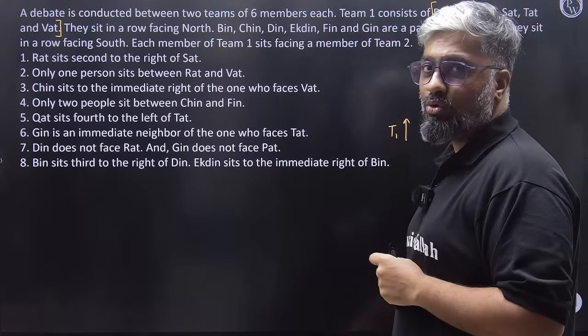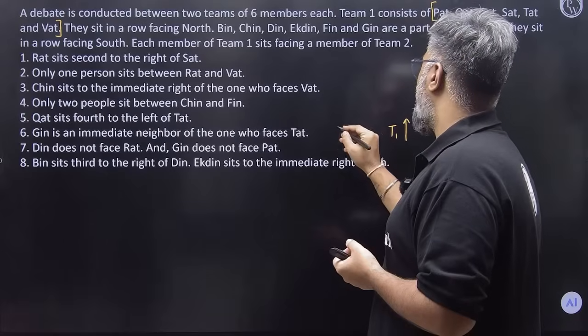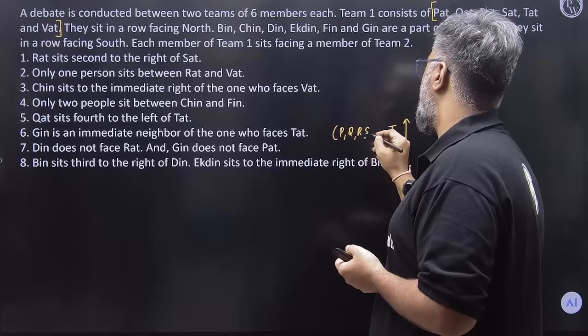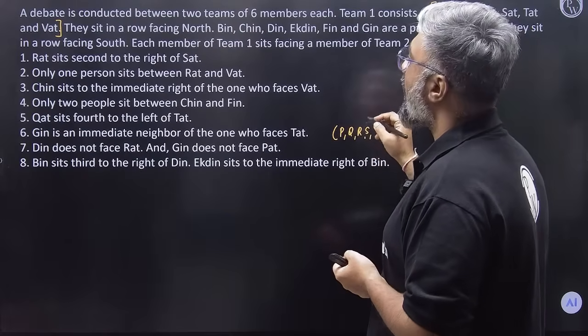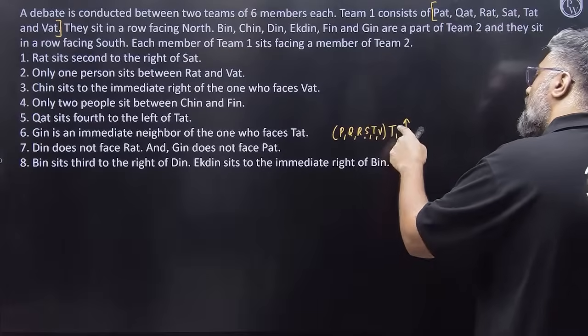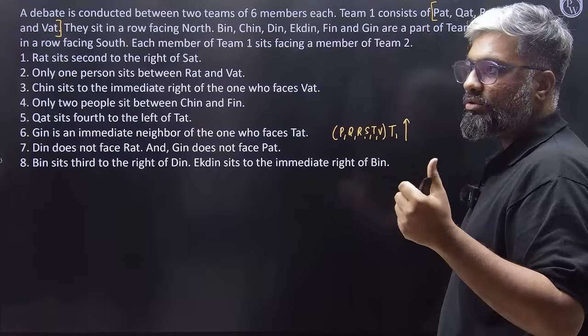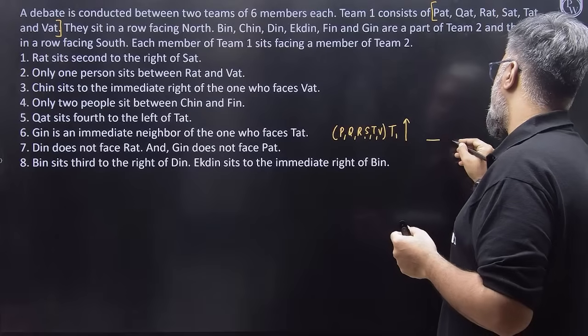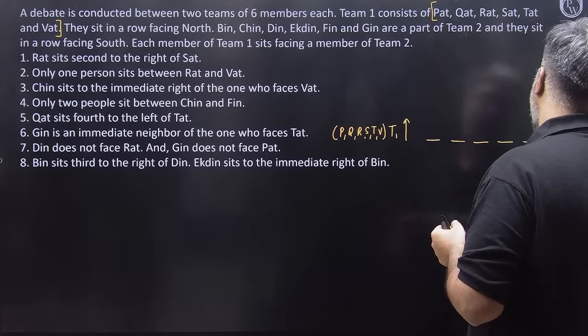Correct? Who's part of team 1? P, Q, R, S, and T. And V as well. T and V. Okay. So team 1 facing north. Cool? Yeah. So I need 1, 2, 3, 4, 5, 6 seats.